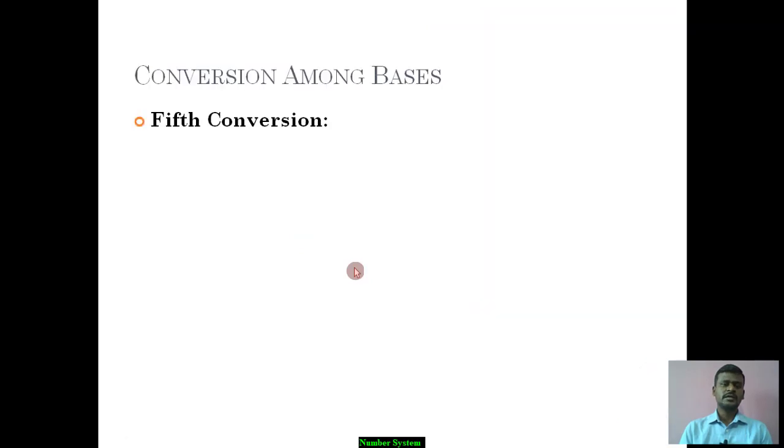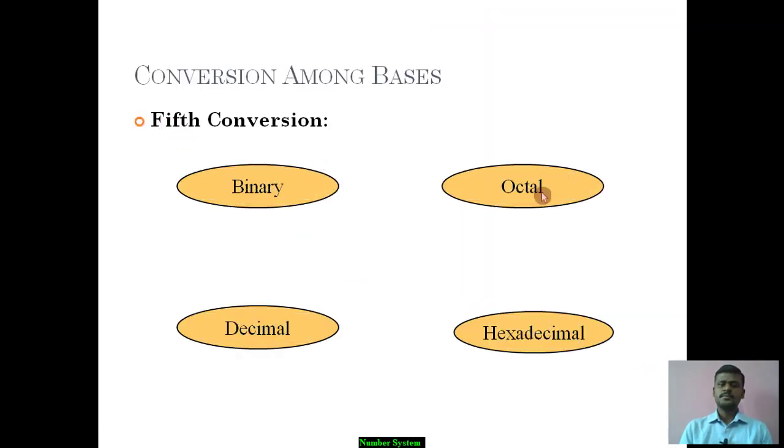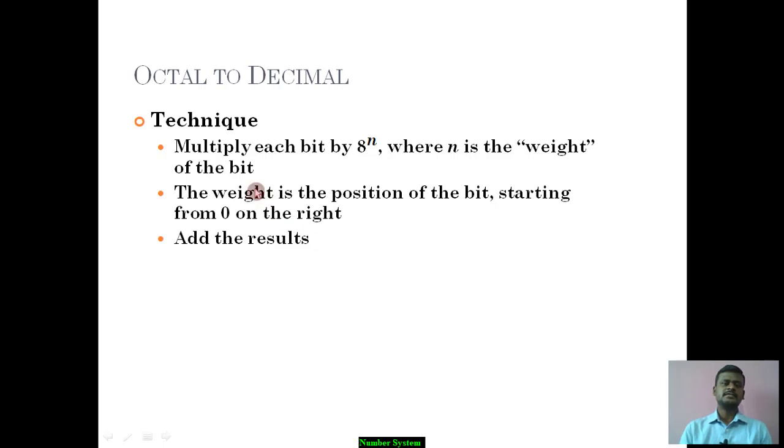Now we will move on to the next conversion, that is the fifth conversion, octal to decimal. The technique is to multiply each digit by 8 raised to n.